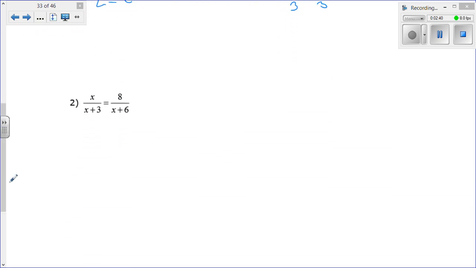Problem number 2, I have an x plus 3 and an x plus 6 in my denominator, so my LCD is then x plus 3, x plus 6. So following suit, I'm going to multiply everything by x plus 3, x plus 6.